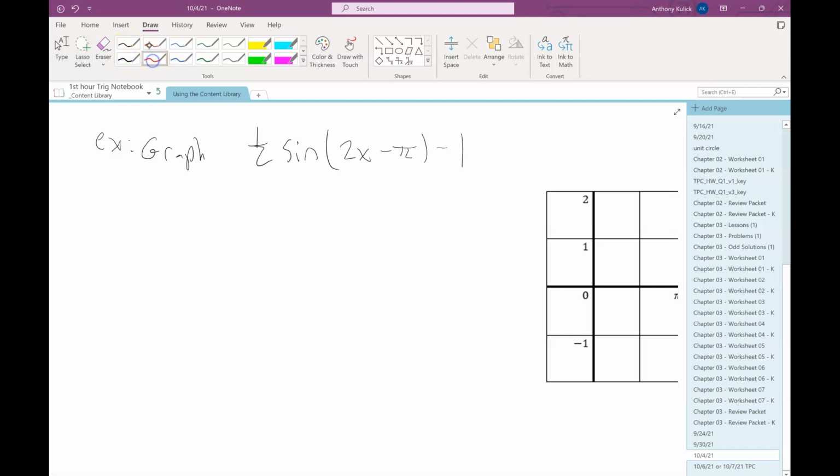So the first thing I'm going to do is start by identifying my values for A, C, H, and K. So factoring the inside, 2x divided by 2 is x. Pi divided by 2 is pi. So my A is 1/2. My C is 1/2. My H is pi over 2. And my K is -1.